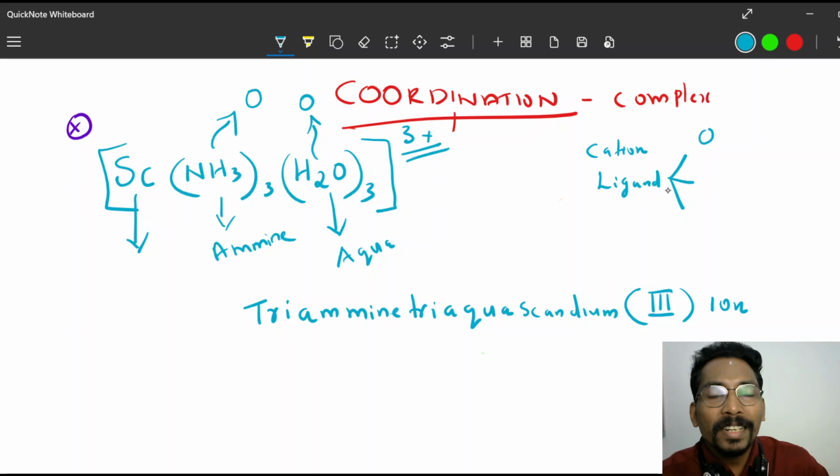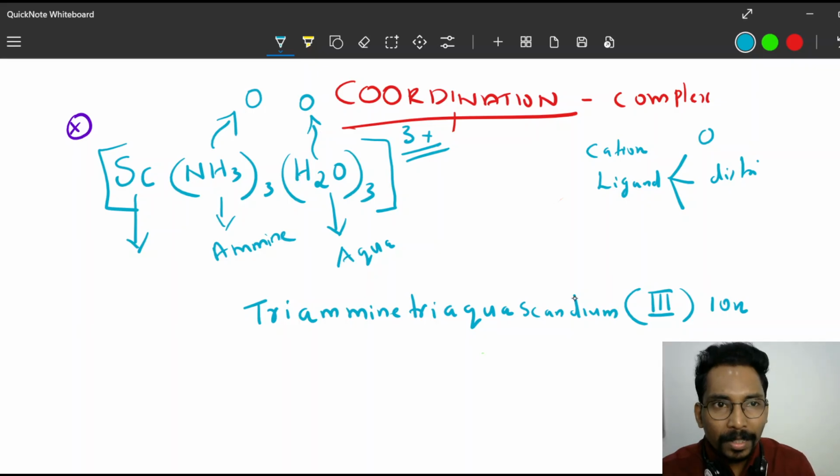If the ligand is neutral, you can write the exact name like amine, aqua. If it is En, that will be ethane 1,2-diamine. If more number of ligands are there, you can use the prefix di, tri and all. And if more than one type of ligand is present, you go with alphabetical order.